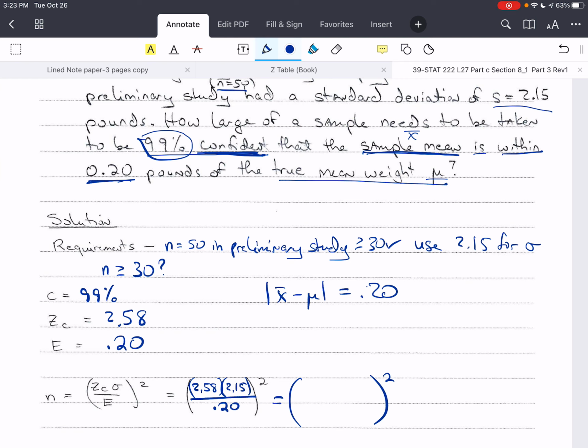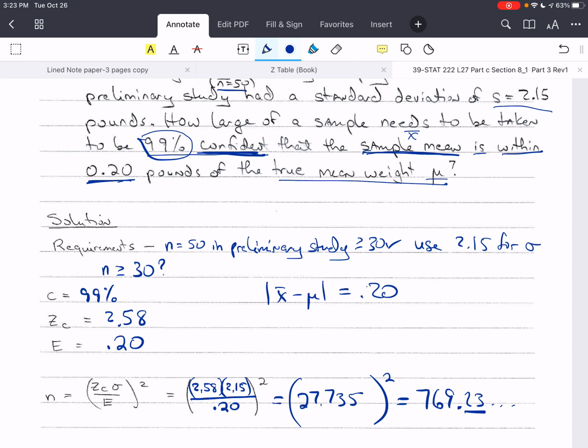So 2.58 times 2.15 divided by 0.2 equals 27.735. But remember, you need to square this. So we square this and we get 769.23, etc. This is not a whole number.